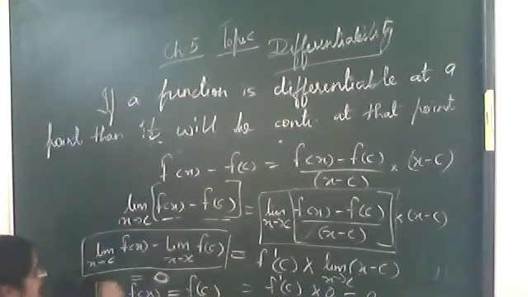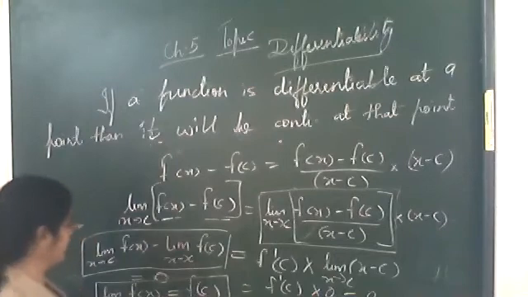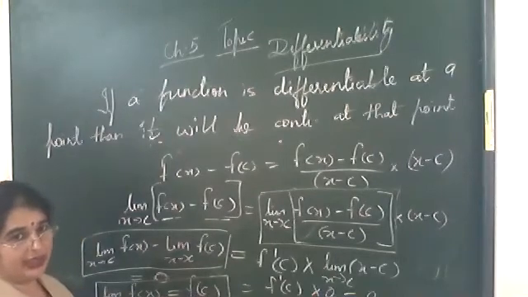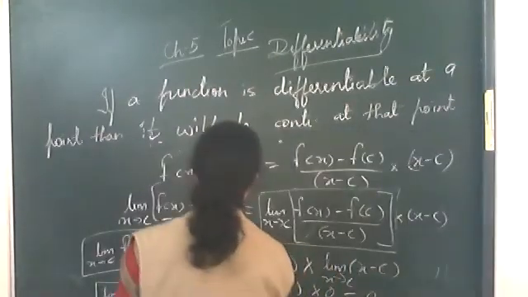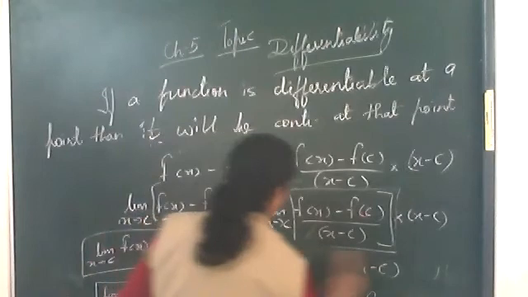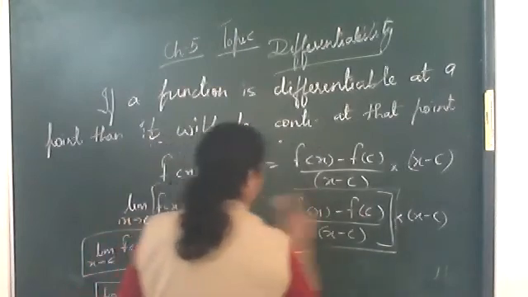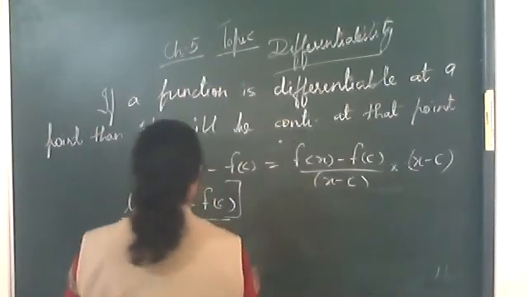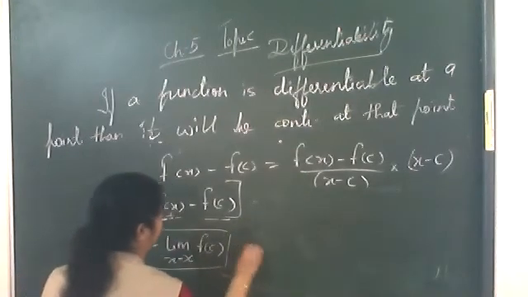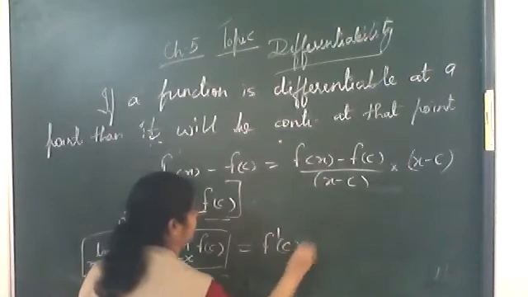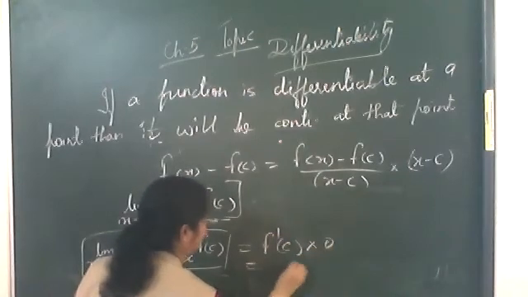So what is this? This is the condition for continuity. You can pause the video to write it down. I will write here, this is equal to f dash c into 0, which is equal to 0.